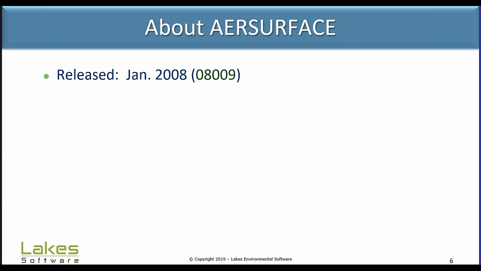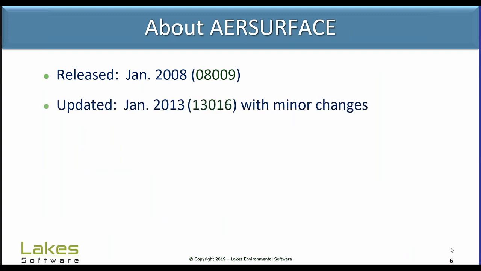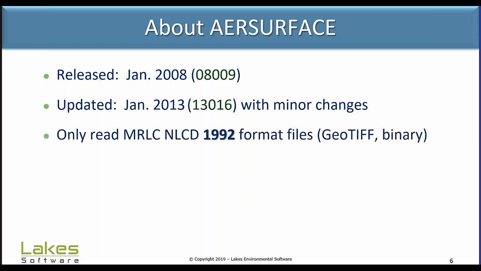Now, the original version of AERSURFACE was released in January of 2008 with the version number 08009. It was subsequently updated in January of 2013. And these versions could only read the NLCD 1992 format files, NLCD being the acronym for the National Land Cover Database.